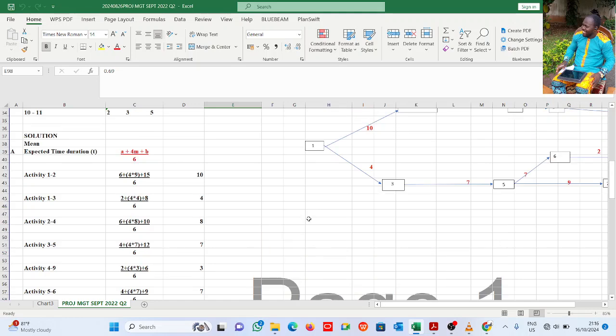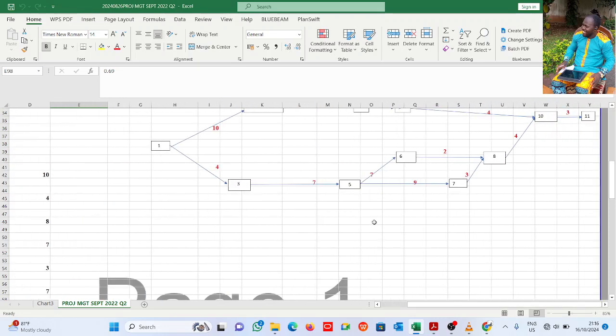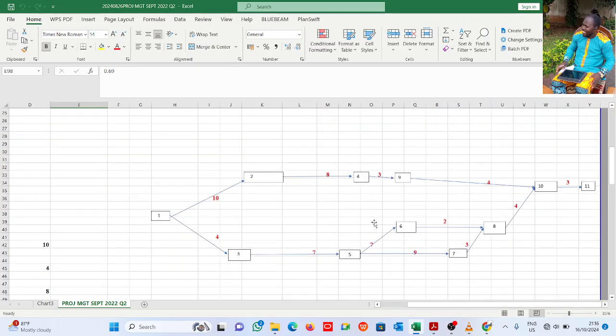In the next tutorial, so that this video doesn't become too long, I will be showing us how we calculate the critical path, and also when we get over to the critical path method, we'll see properly how we run the forward and backward paths.